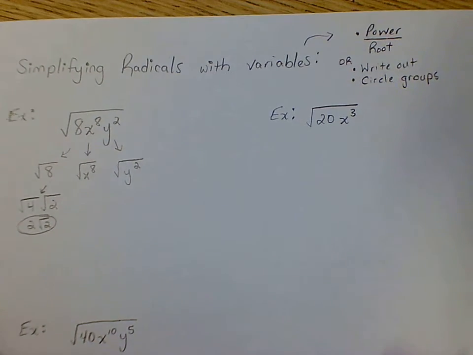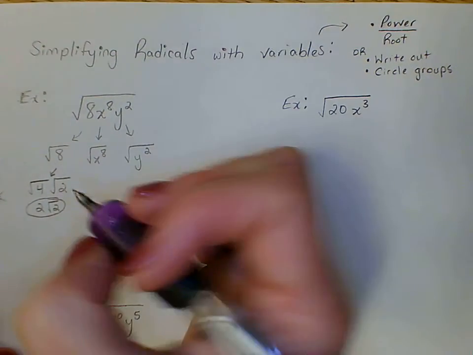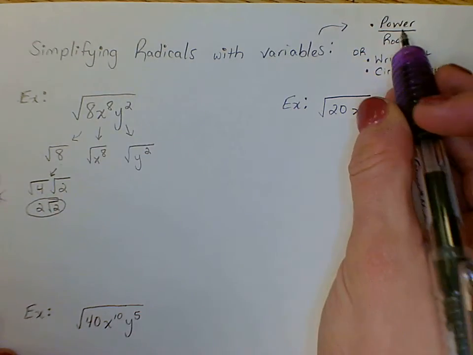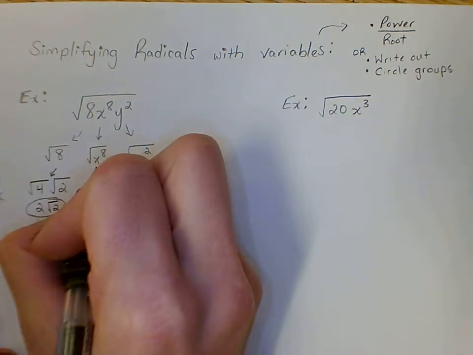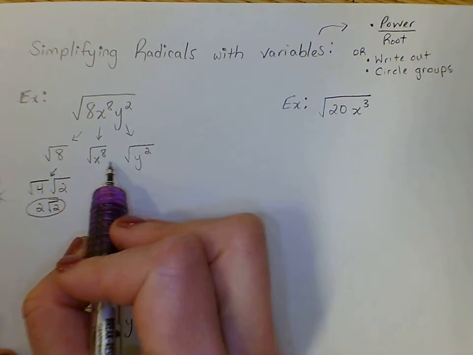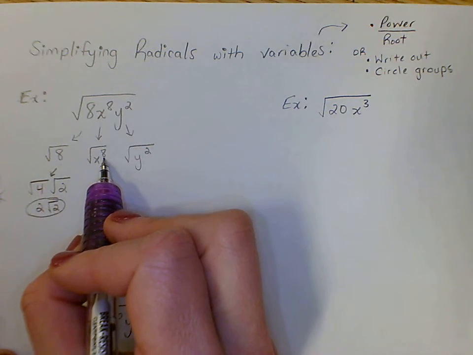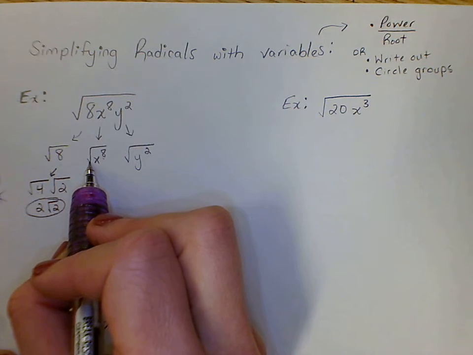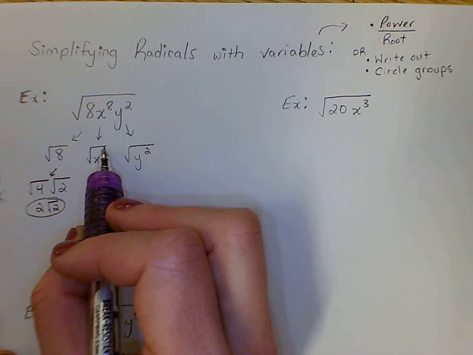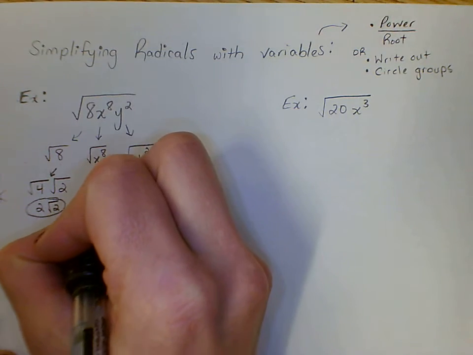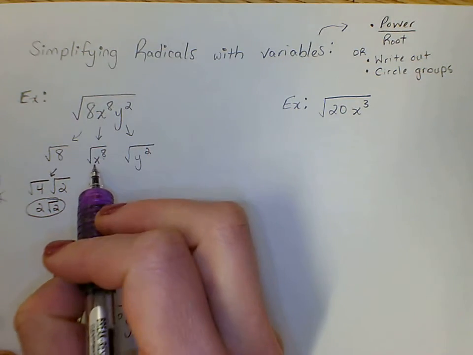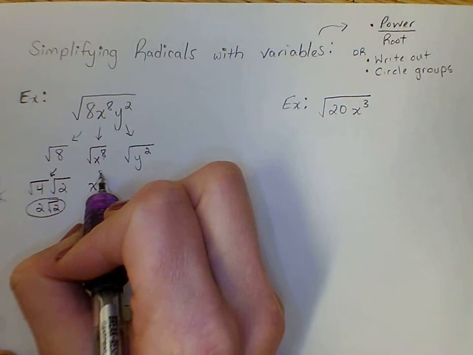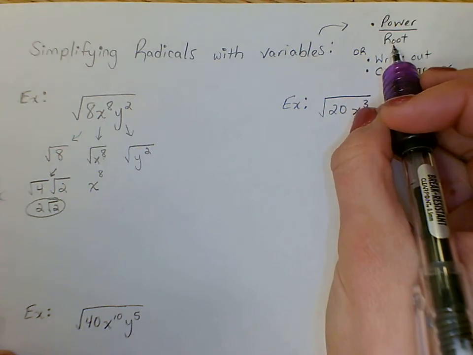Okay, so let's start by talking about power over root. If I do this one by thinking about it this way, I look at the power, the exponent, which is 8. Then I look at the root, and it is a square root, just my typical square root. So whenever I simplify it, I take x, because that's the variable I'm dealing with, take the power of it, which is 8, and divide by what my root is.